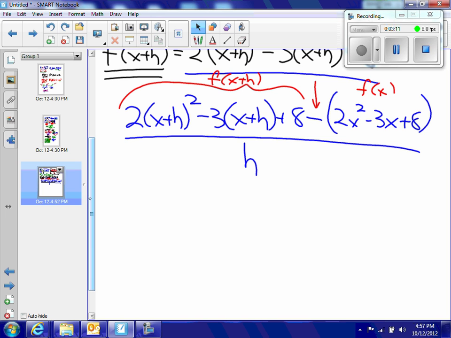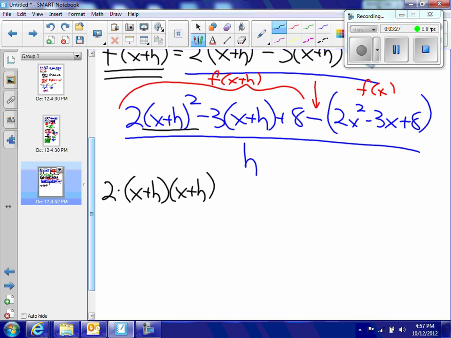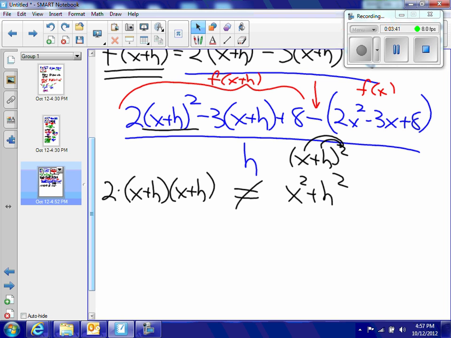So let's go left to right. I have 2 times x plus h squared. Well, x plus h squared is the same thing as x plus h times x plus h. It is not x squared plus h squared. The exponent does not distribute to the terms inside the parentheses. It is not that.